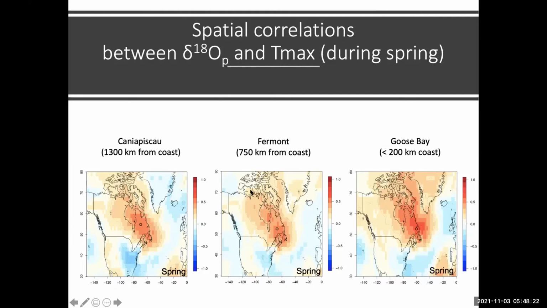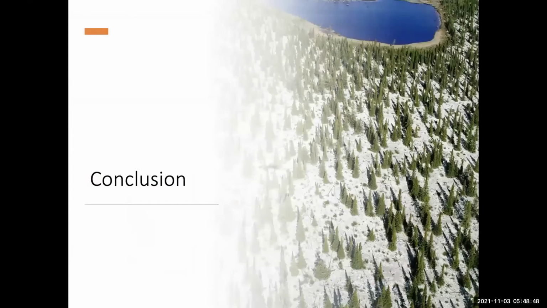So I think that starting from now, we can start thinking that all points towards evidence of the most maritime sites being more influenced by maritime conditions, and that maritime conditions change the signature of source water that is assimilated by black spruce.